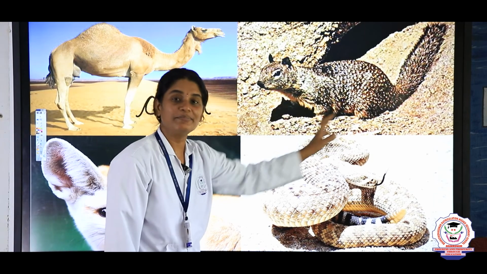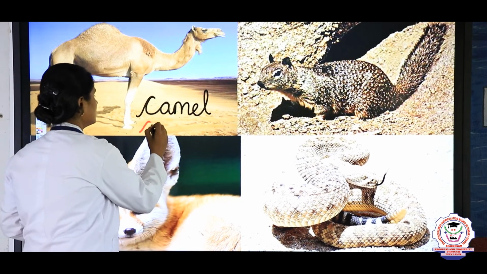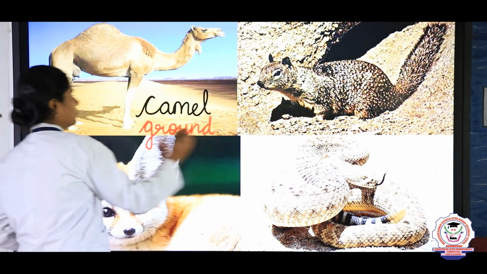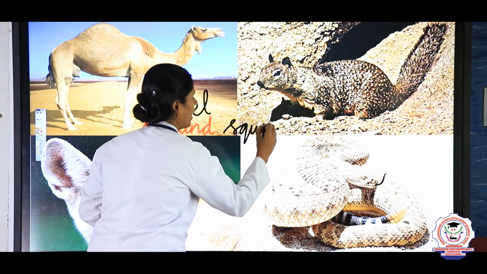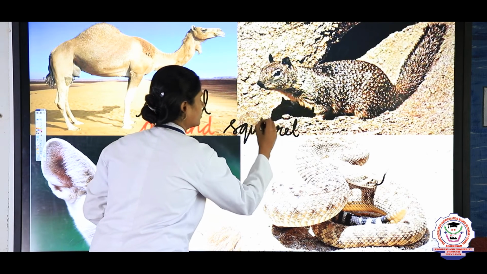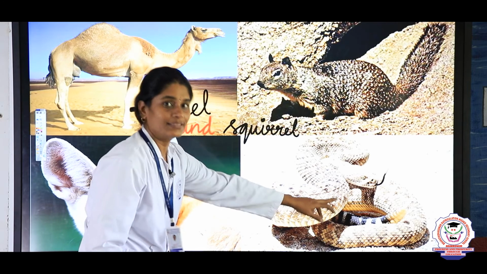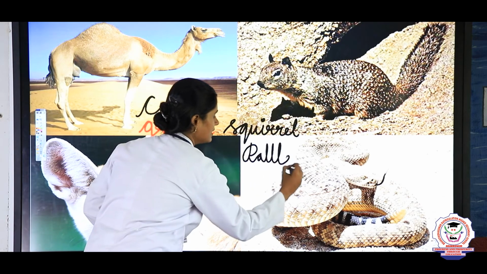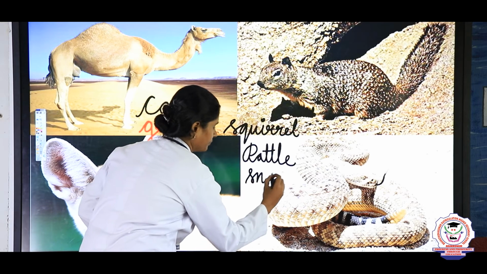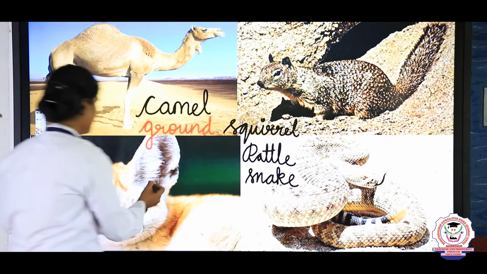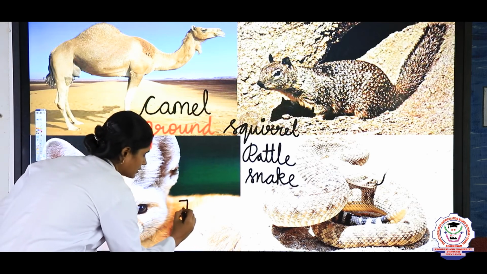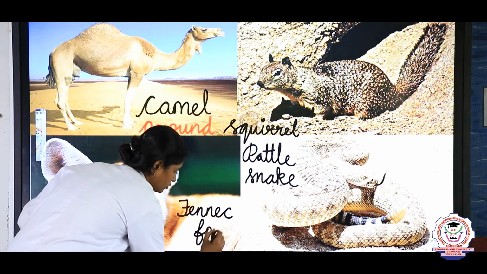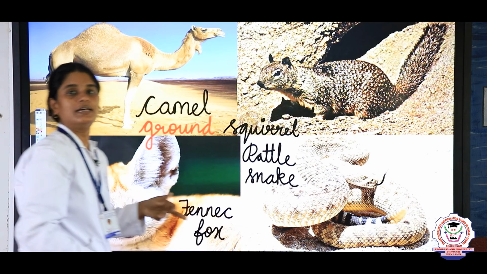This animal is called ground squirrel. And this snake is called rattlesnake. And this animal is called fennec fox. So these animals live in the desert.